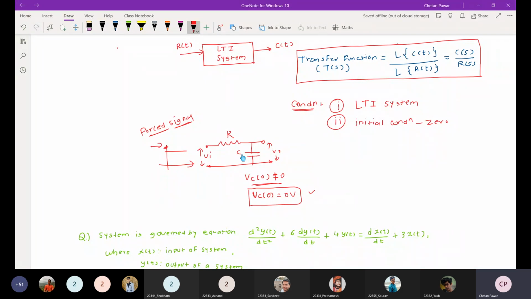Now, the system should be linear. When the initial conditions are 0, the output will follow linearly with the input, so we can say the system is a linear system. For example, if we take this system, where X is the input, Y is the output, and this is the initial condition, this system is a non-linear system.